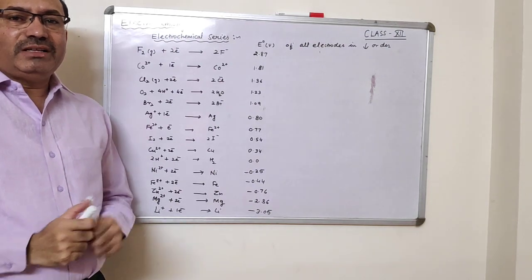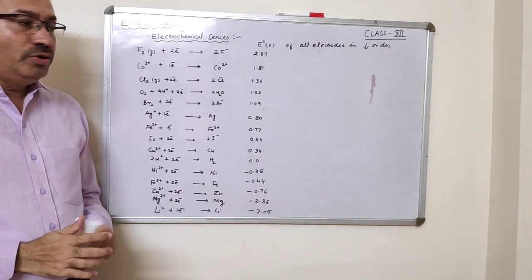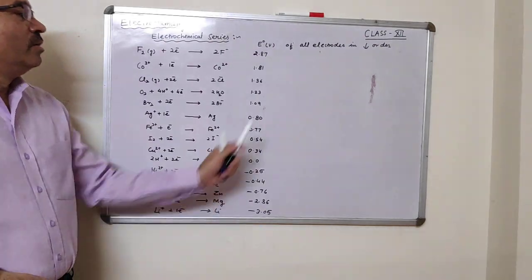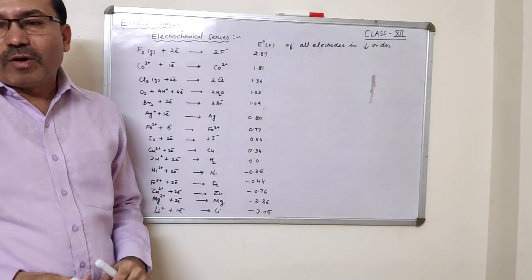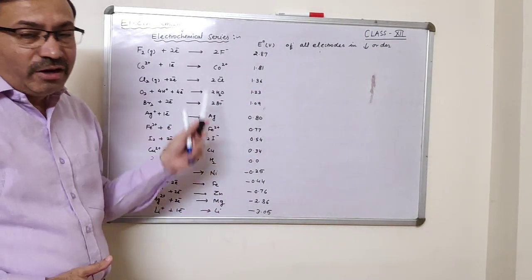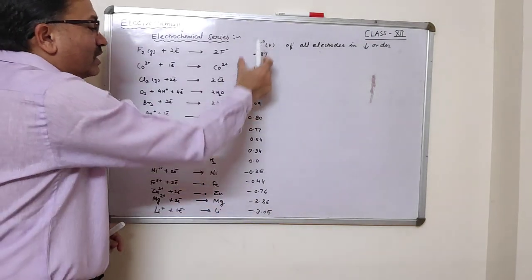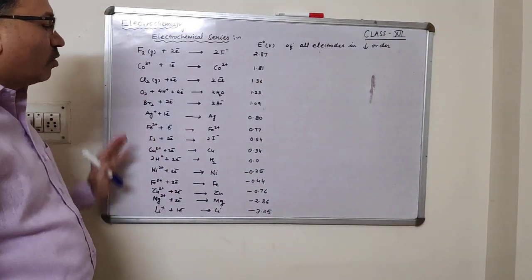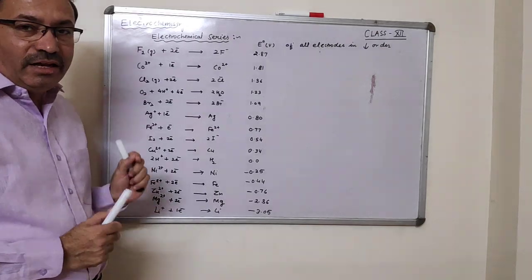This electrochemical series is very important. We should know how it is constructed. If you don't know the values, there is no problem, because in questions the values are always given. So we are not concerned about the values; how this electrochemical series is constructed, we should know.